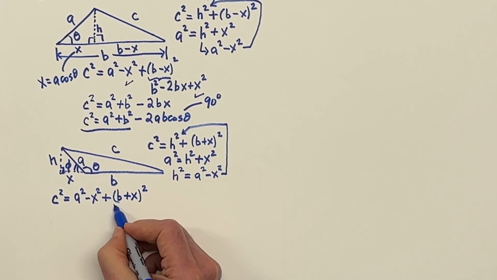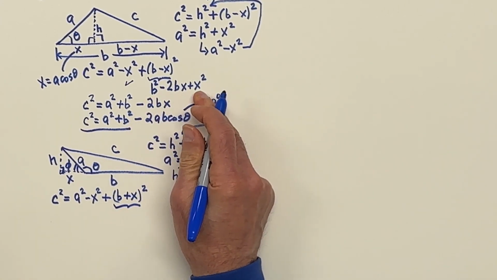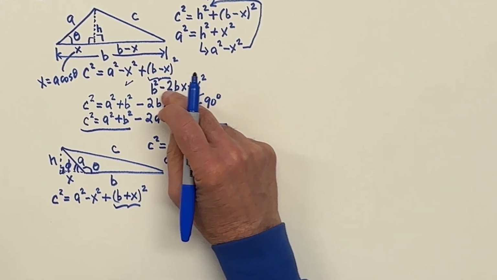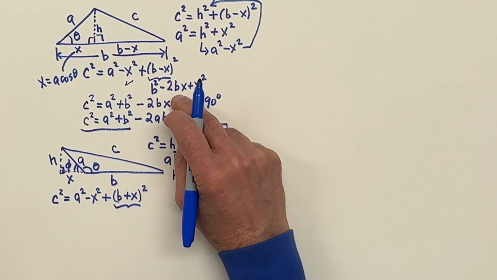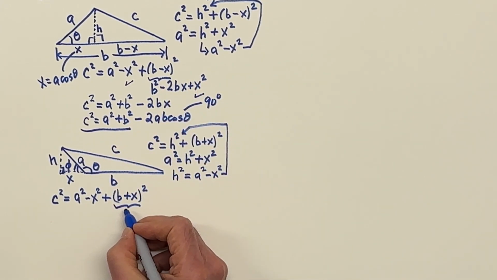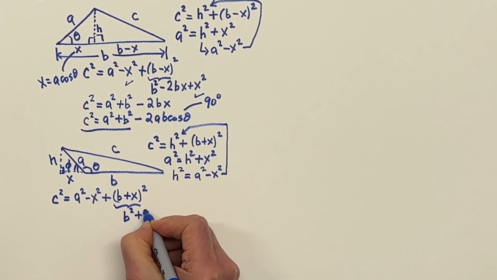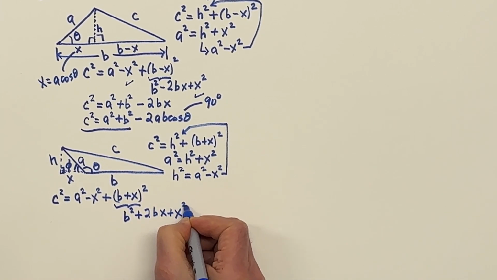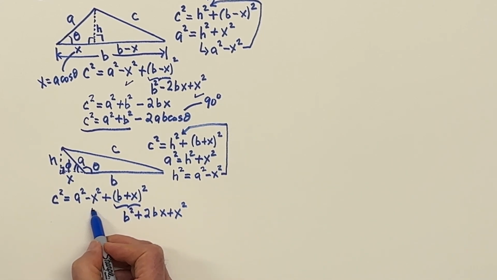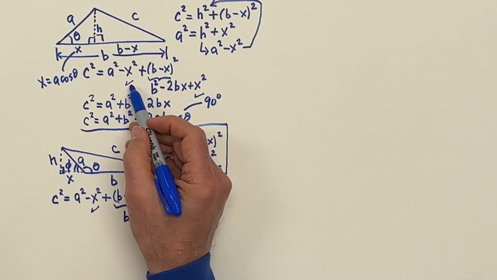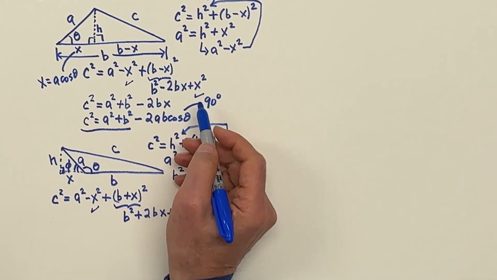And then we looked at this like we did before, worked it out, and you can see that with the plus sign, everything's going to be the same except for that cross term, where the b and the x are multiplied. So this is going to be b squared plus 2bx plus x squared. Now, once again, x squared will cancel that x squared like it did before.